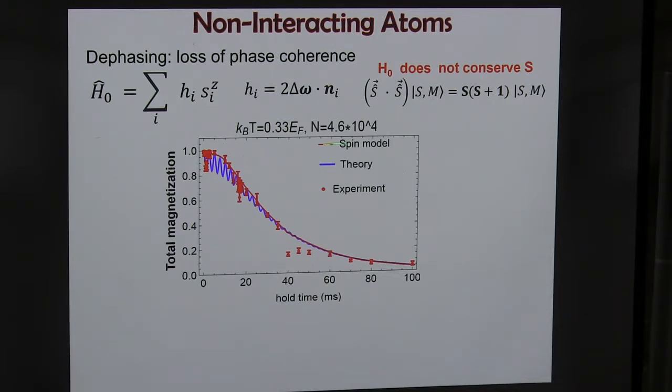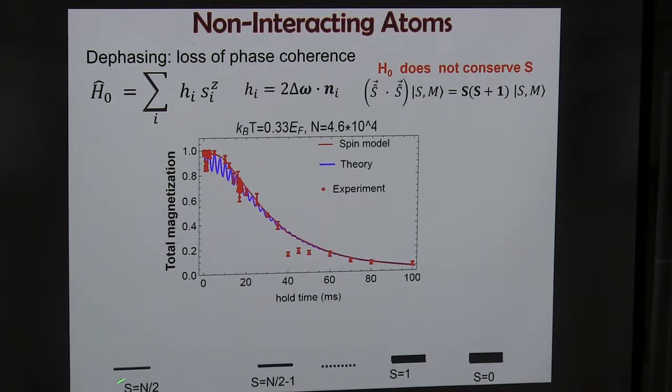Another way to understand the dynamics, which is going to be convenient to look at the interacting case, is to look at the conservation of the total S, that is the eigenstate of the S squared operator. Because we start with all the atoms collectively pointing along the same direction, they occupy the manifold that is fully symmetric.